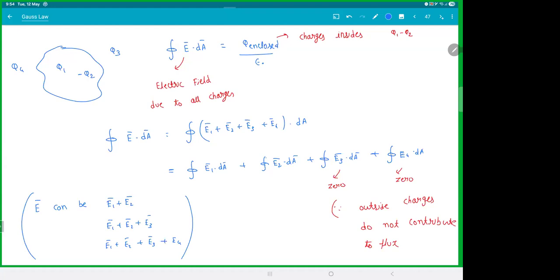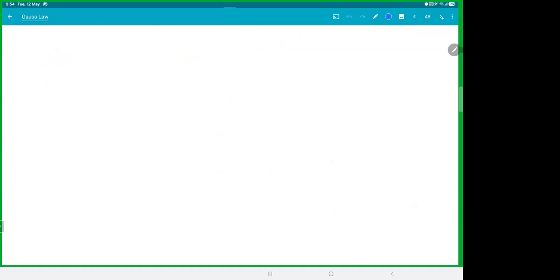Great. So what are we exactly going to use Gauss law for? Listen carefully. I'll show you one or two examples and then we'll do more on this. So this is important. Gauss law's primary use: Gauss law is useful to find electric field for symmetrical charge distributions.